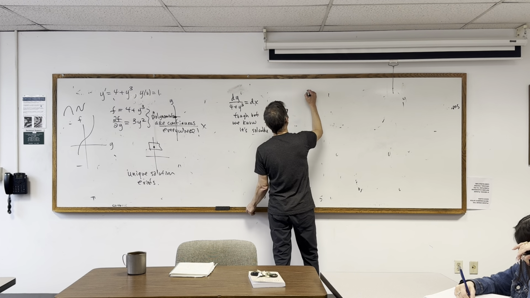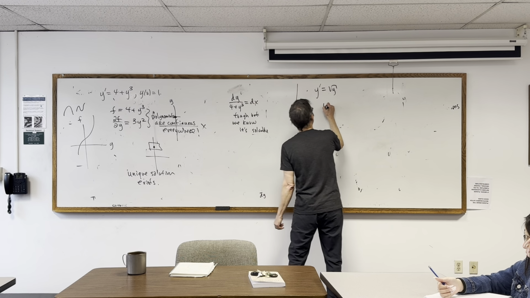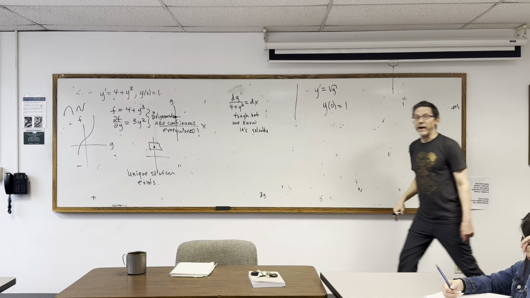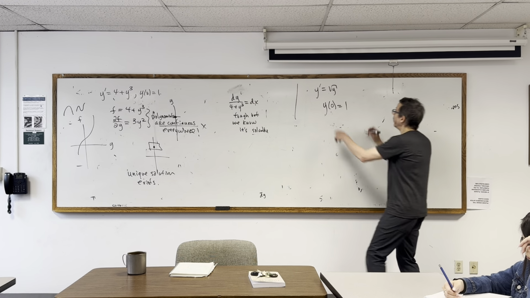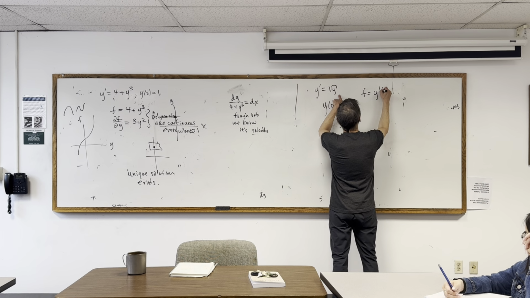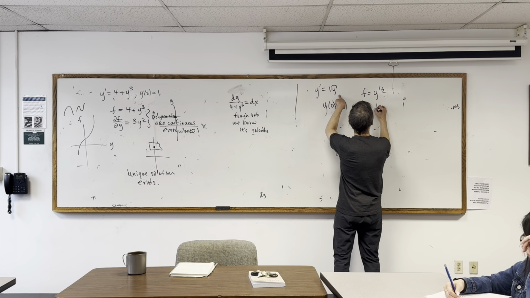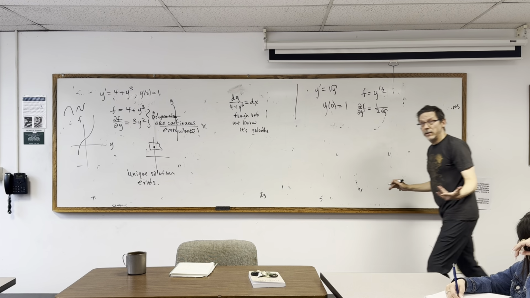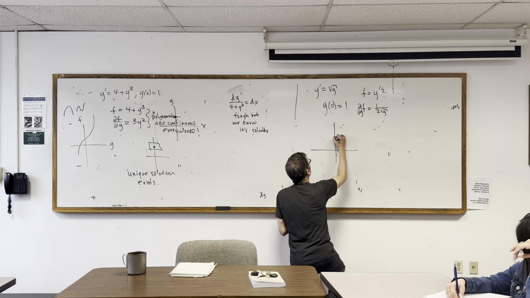Let's come back to our original problem, which was this one. And let's say my initial condition is modified. So now change the initial condition. Here we have f is y to the 1/2, and the partial of f with respect to y is 1 over the square root of y. You need to draw a little picture to see this, but I've got 0, 1 as my initial condition.